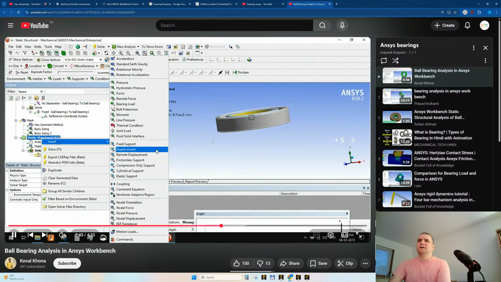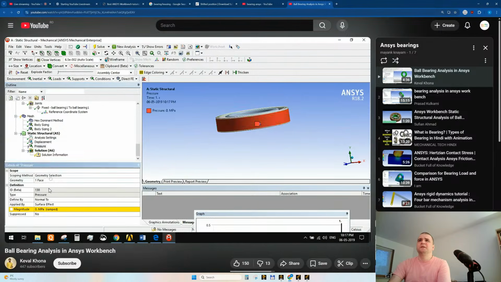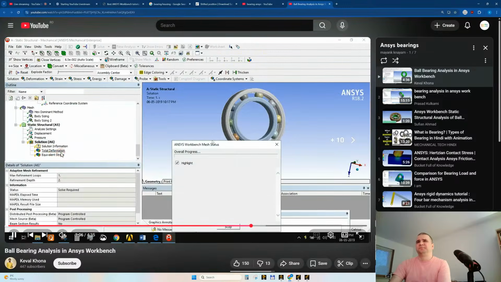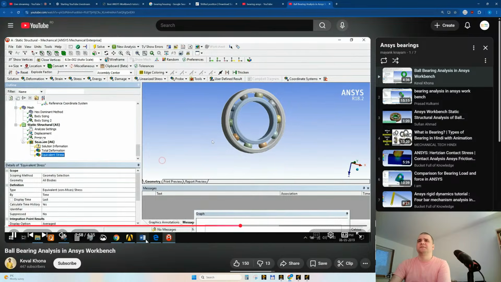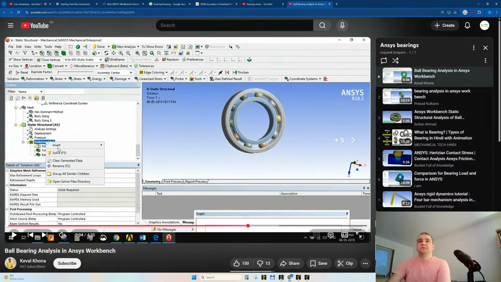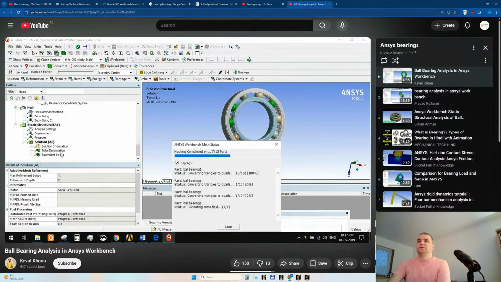Oh my God, oh my God. A pressure, why do you need the pressure? An outer pressure. And he has here something very cute, displacement free to rotate. What? This is the displacement that he applied, but I would say that it makes no sense. Let's see the results. Who am I to contradict?